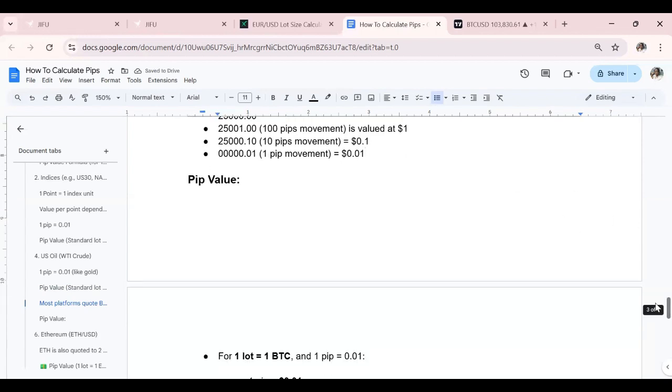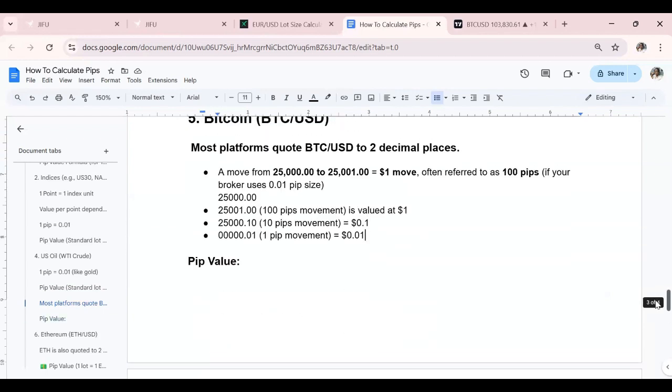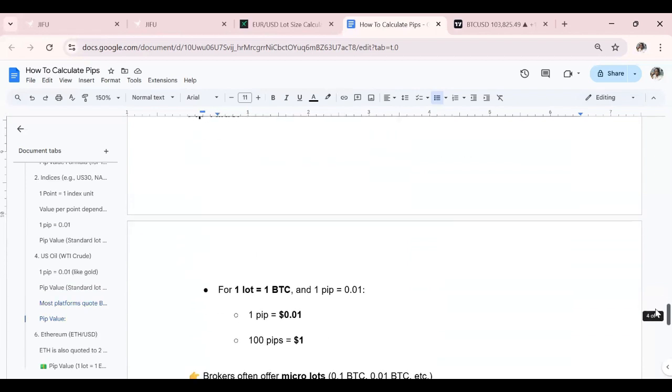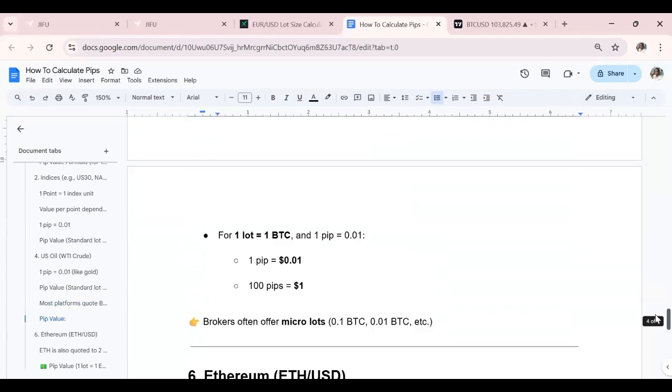So now, what is the dollar value? We've already done it up here. For 1 pip is 0.01. For 100 pips, is $1, straight up.